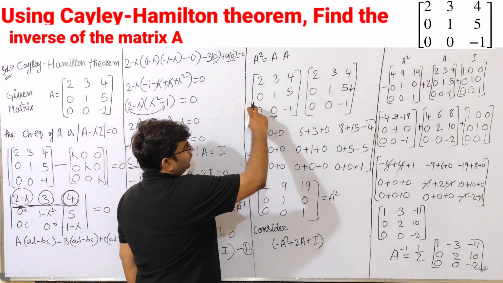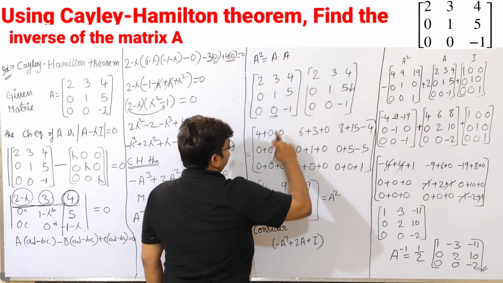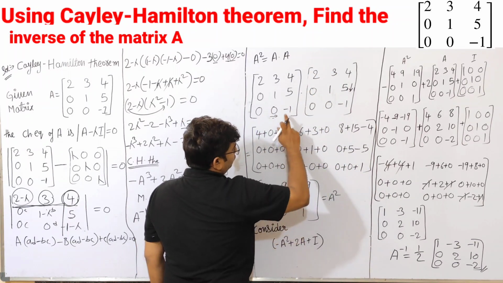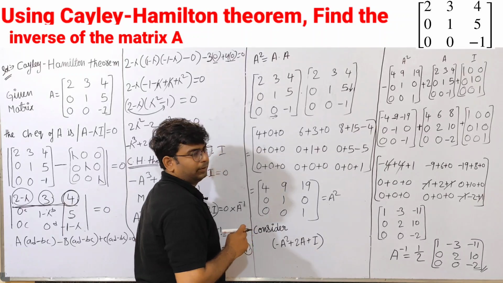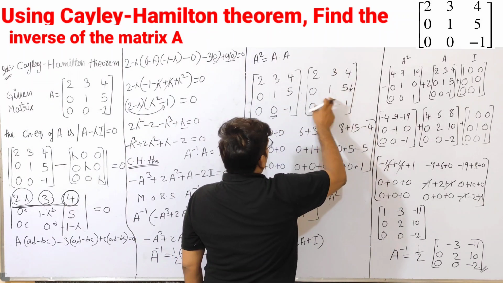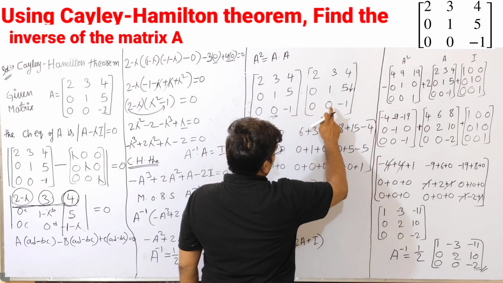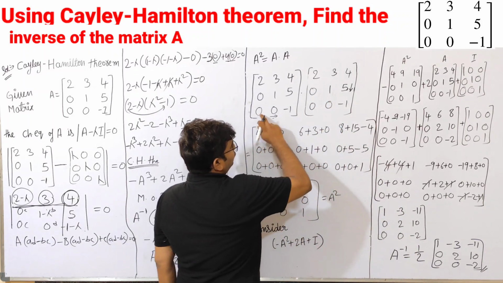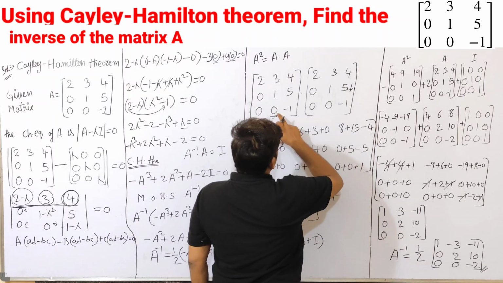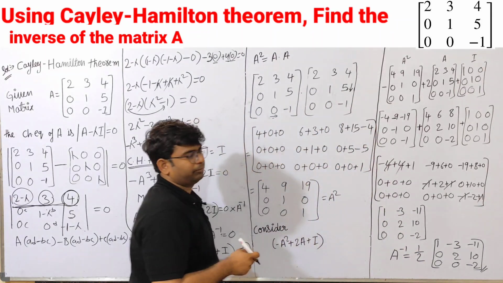After that, third row, first column. 0 into 2, 0, 0 into 0, 0, minus 1 into 0, 0. Again, third row, second column. 0 into 3, 0, 0 into 1, 0, 1 into 0, 0. And 0 into 4, 0, 0 into 5, 0, minus 1 into minus 1, plus 1.